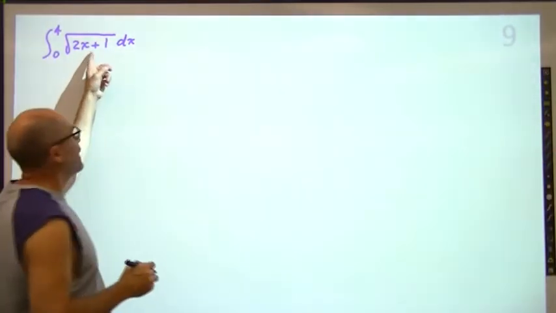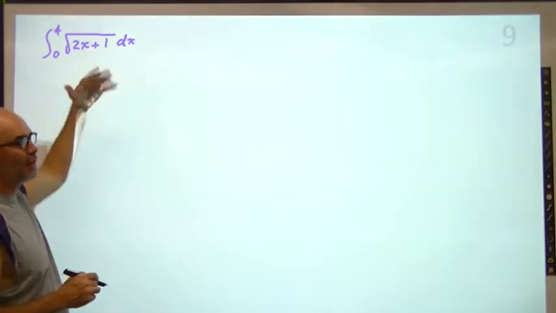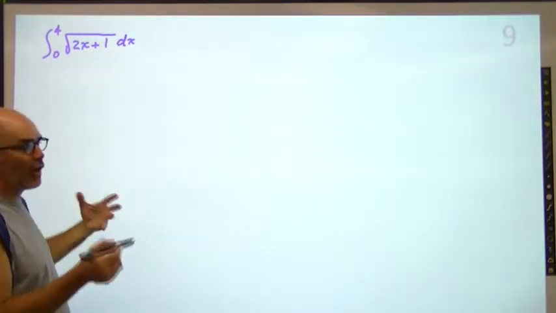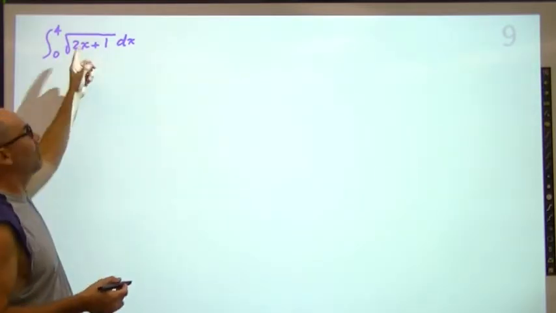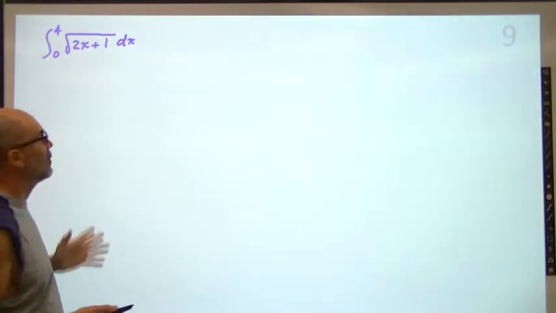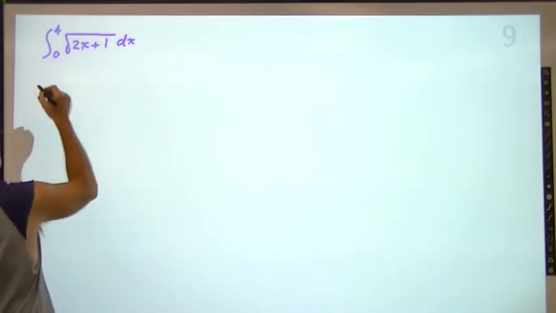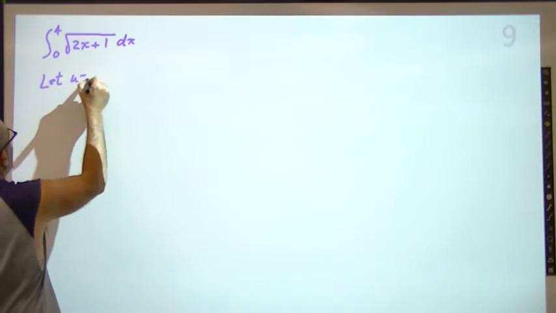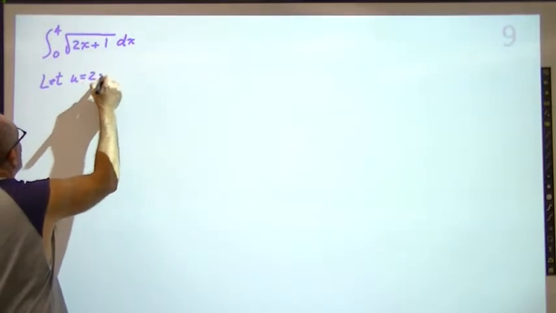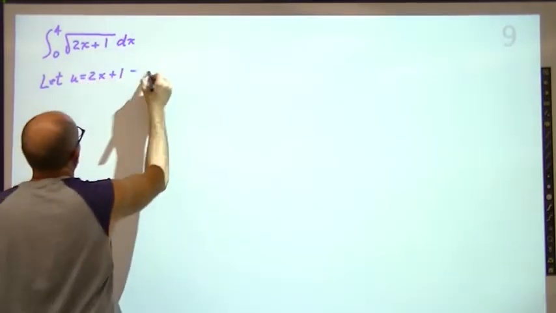Obviously what's underneath the radical, 2x plus 1, the derivative of that is just going to be 2. So I know I can use my substitution, or like we said before, inverse chain rule. But what we're going to do is say let u equal 2x plus 1.